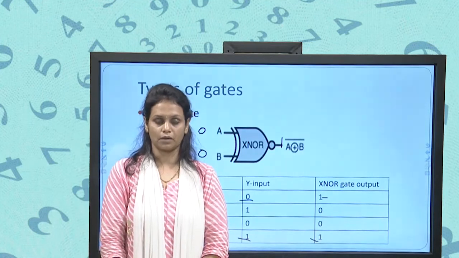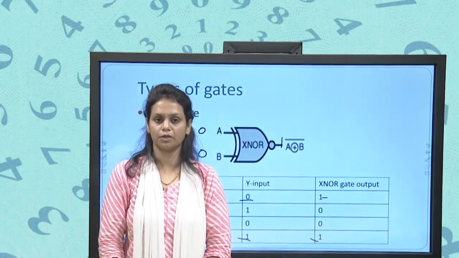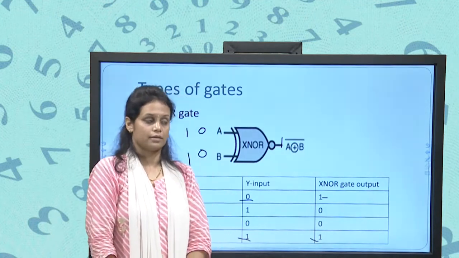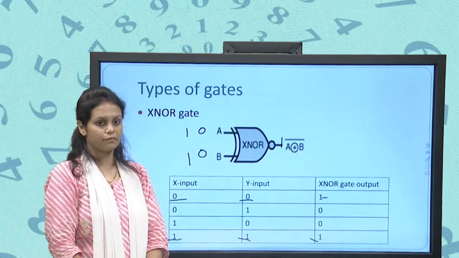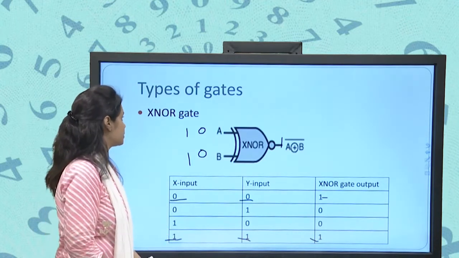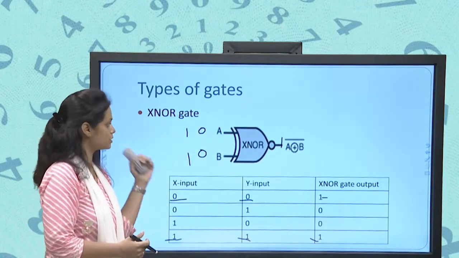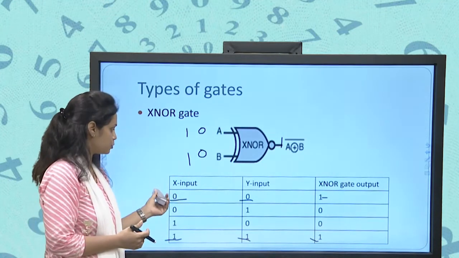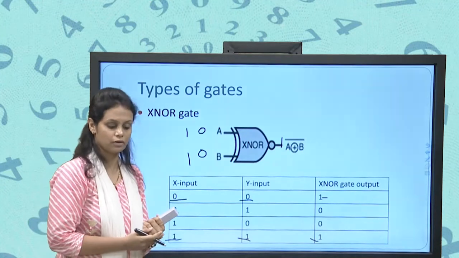In that case we first perform the OR operation and then the NOT operation. Then we also saw the XOR gate, which we had seen in previous lectures, and lastly we saw the importance of the XNOR gate, that is, how the XNOR gate gives the output for inputs like 0 0, 0 1, 1 0 and 1 1.